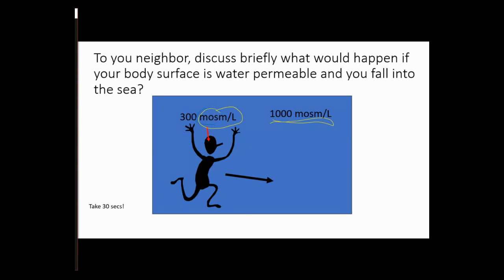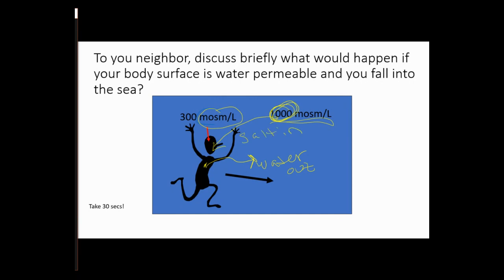The concentration of salt water and the concentration of my person are going to want to be equal. So two things are going to happen: the water from my person can go out via osmosis, and the salt can go in.